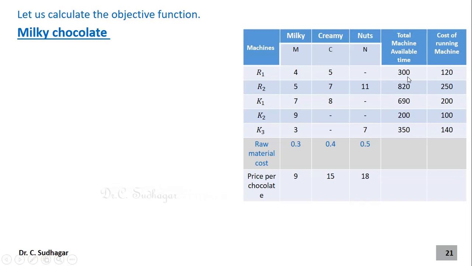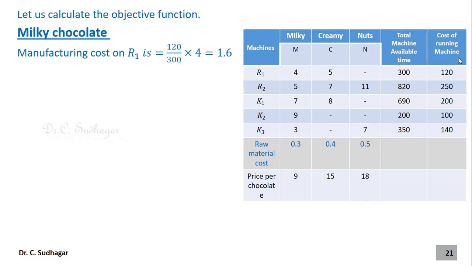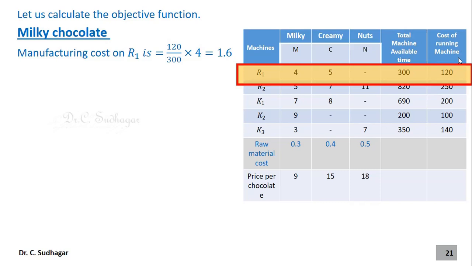For 300 hours the cost is 120 reals, so for 1 hour the cost will be 120 divided by 300. But we want 4 hours to make the first product. We want to run the machine for 4 hours. So 1 hour cost is 120 by 300, 4 hour cost is 120 by 300 into 4, that is 1.6.